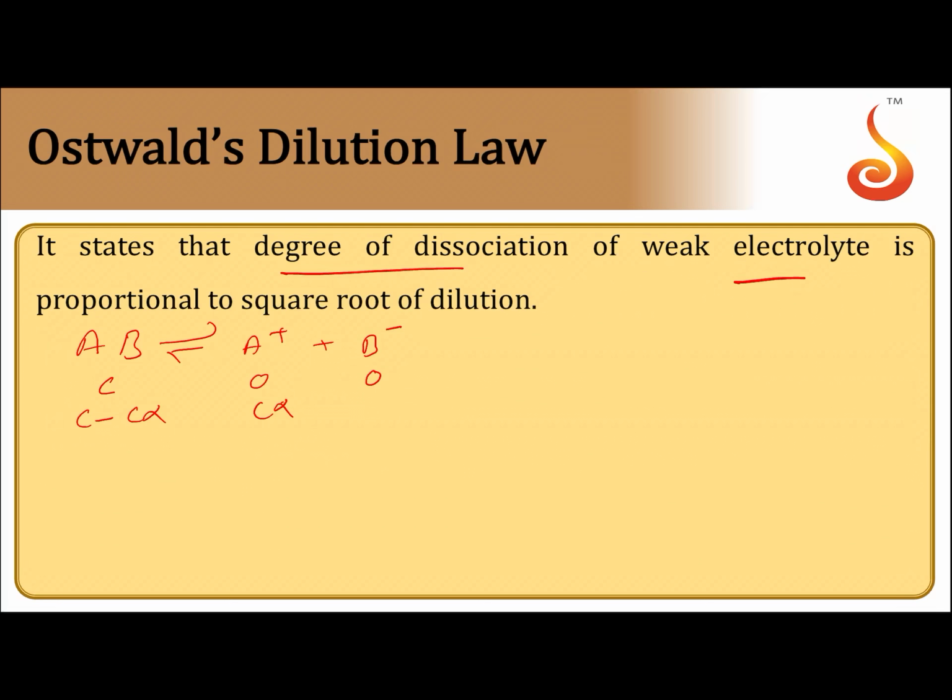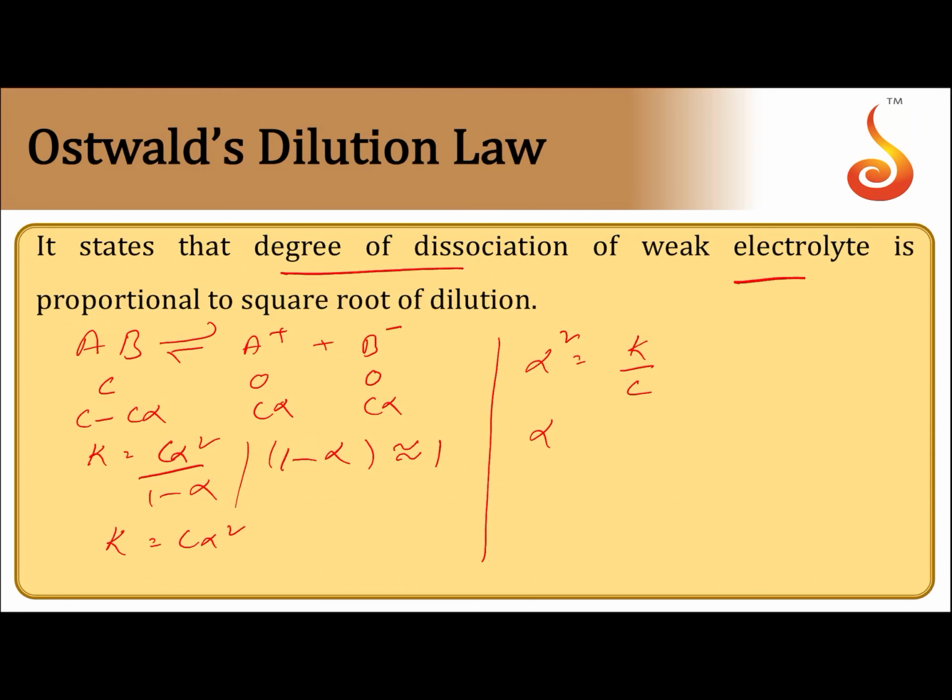At equilibrium: C minus C alpha, C alpha, C alpha. So the equilibrium constant K is equal to C alpha square by 1 minus alpha. If it is a very weak electrolyte, 1 minus alpha can be taken as nearly equal to 1. In such a case, K is equal to C alpha square. So alpha square is equal to K by C, and alpha is equal to the square root of K by C.